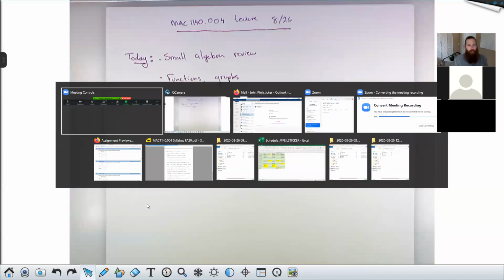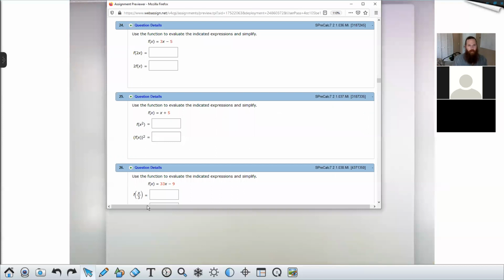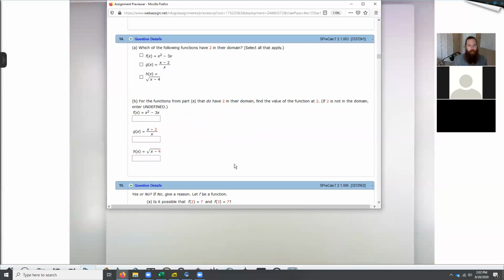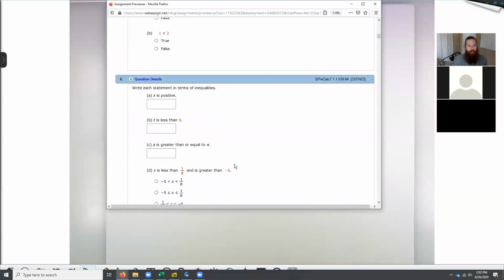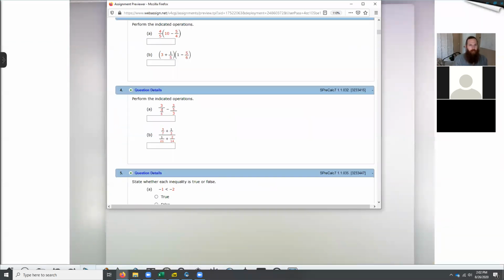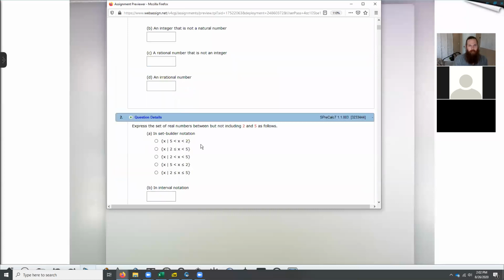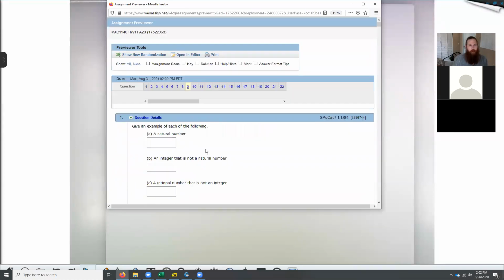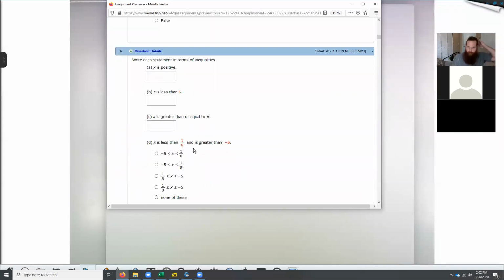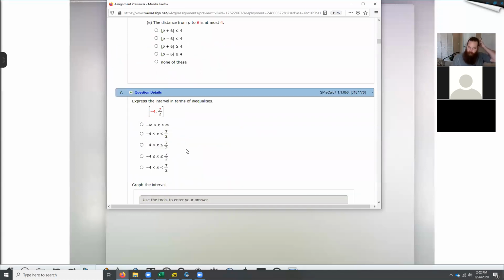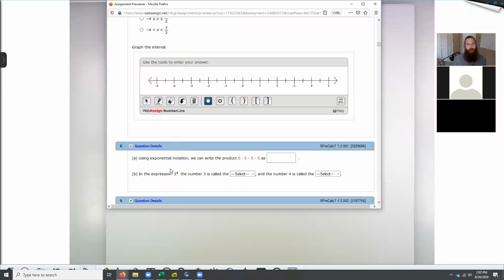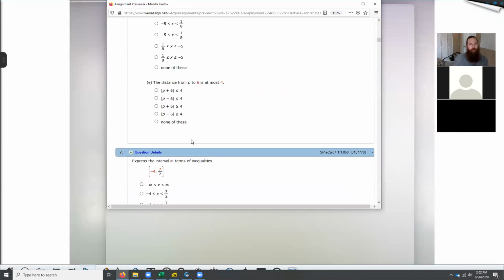So the sort of thing I'm talking about in your homework when I say I tacked on some problems that are not usually there, I'm talking about stuff like this: cleaning up messy fraction stuff and writing things in inequalities. Kind of just a very, very fast overview of the basic algebra and arithmetic skills I'm expecting folks to have coming in here.